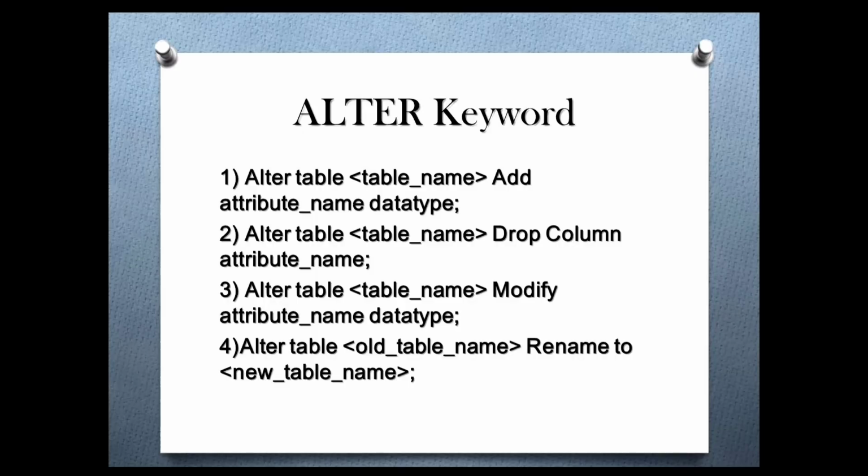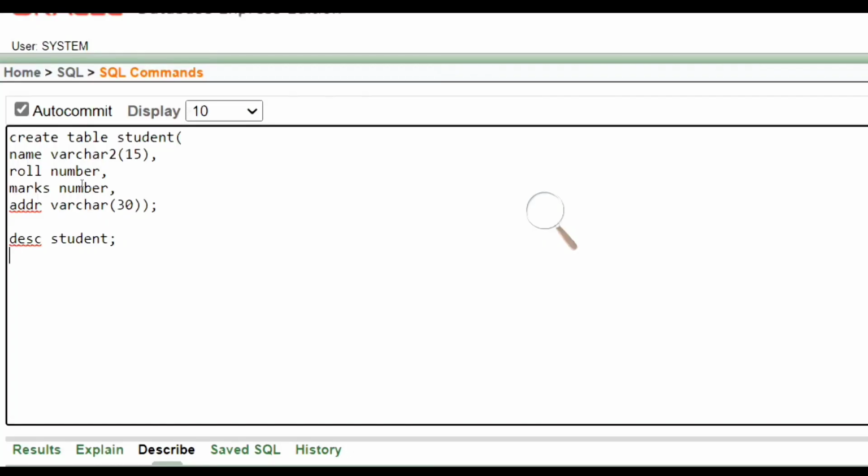Next, is the alter keyword. It can be used in 4 ways. First, syntax is used to add a new column to the existing table. Let's add a new attribute, or column, named phone number, to the student table.